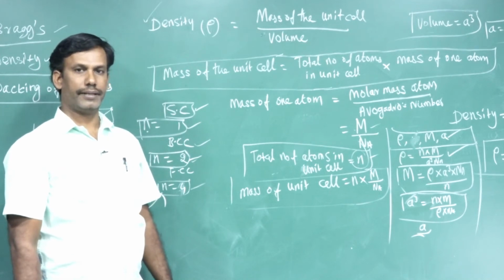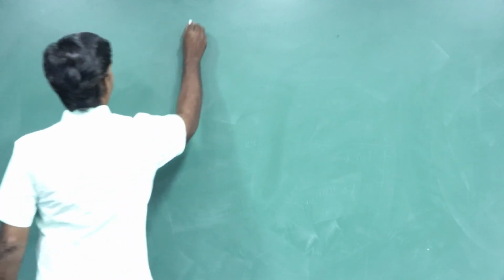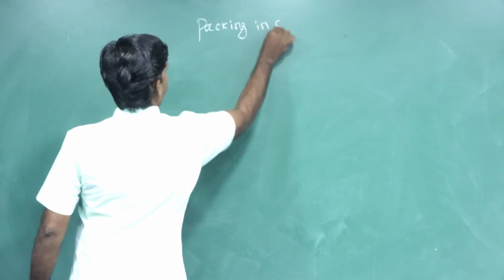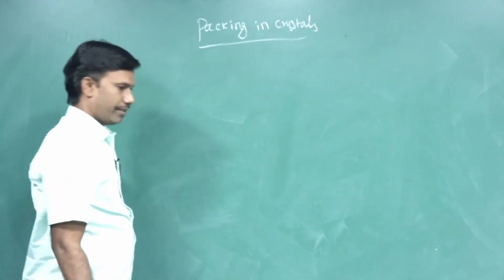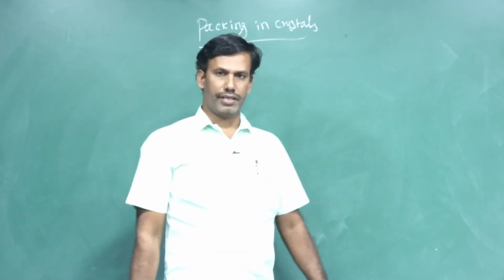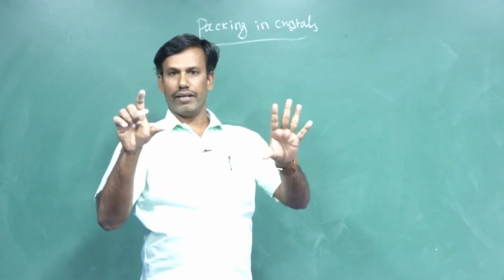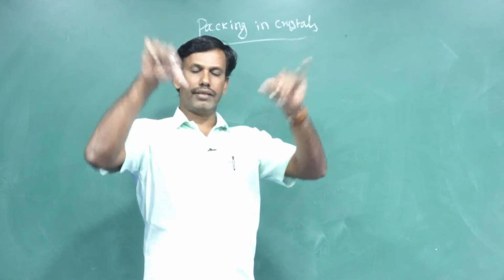Okay, then let us move on to the packing in crystal. Let us see the packing of crystal. You can see in the fruit stall how the fruits are arranged in order. In the same way, the atoms or ions or molecules are present in a unit cell in a crystal.